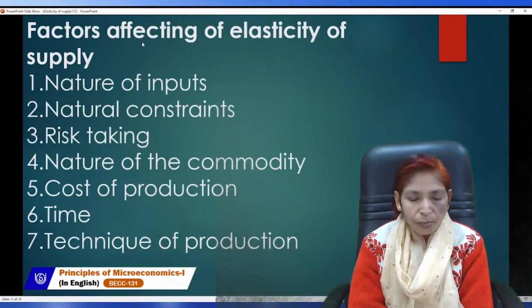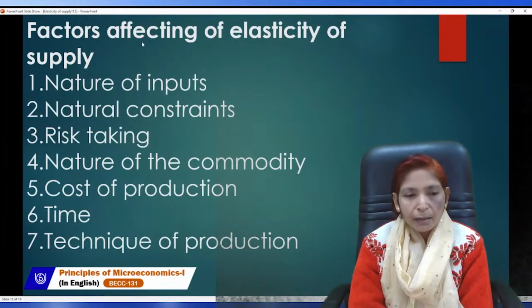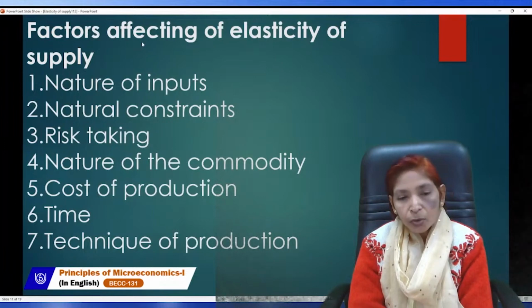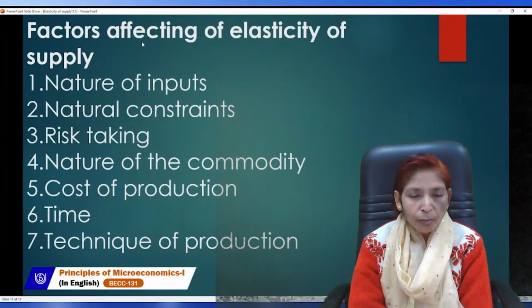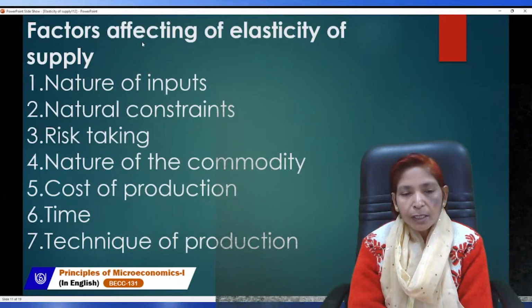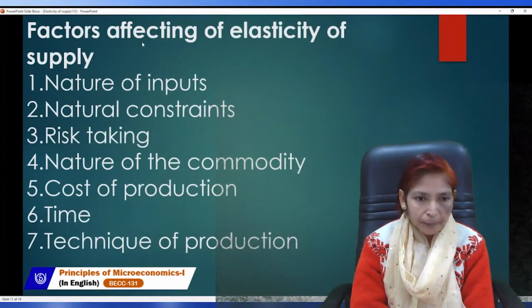So if cost of production is higher, if all the factors of production are available in the market at a very high price, then cost of production will increase. And due to the increase in cost of production, the producer's profit motive will fall and the producer will produce less. In this case, elasticity of supply will be less elastic.